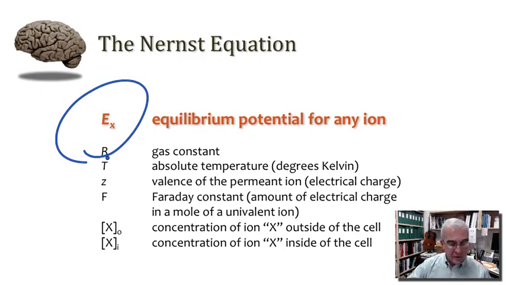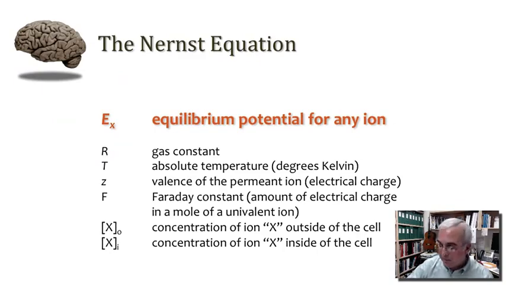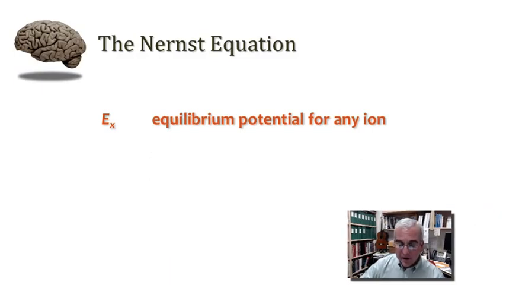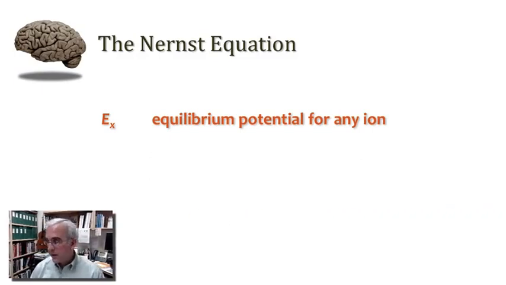Now, as I said, I don't intend to burden you with all of this formality. Rather, what I want to do is give you an intuitive feel for how this Nernst equation can be a powerful tool in understanding electrical signaling in neurons. Now, thankfully, our Nernst equation can reduce down to fairly simple terms if we make a few assumptions.